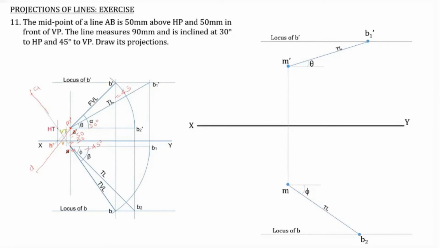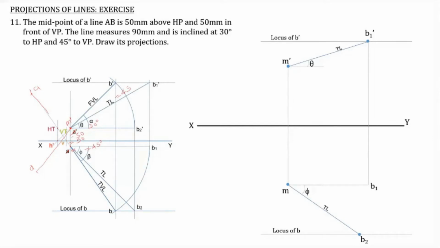Now we find out the length of the top view for the line MB only, not for the entire line. So from B1 dash we find the point B1. This is point B1.